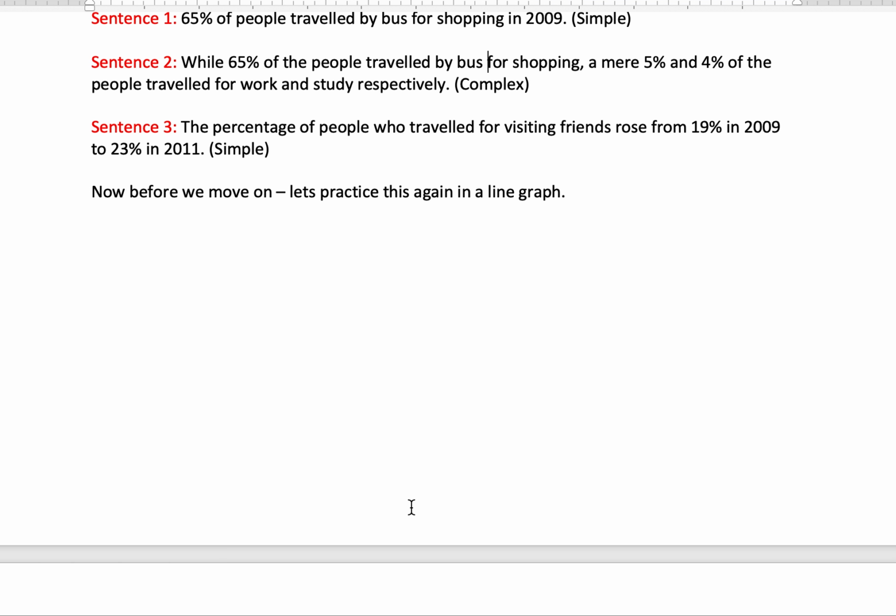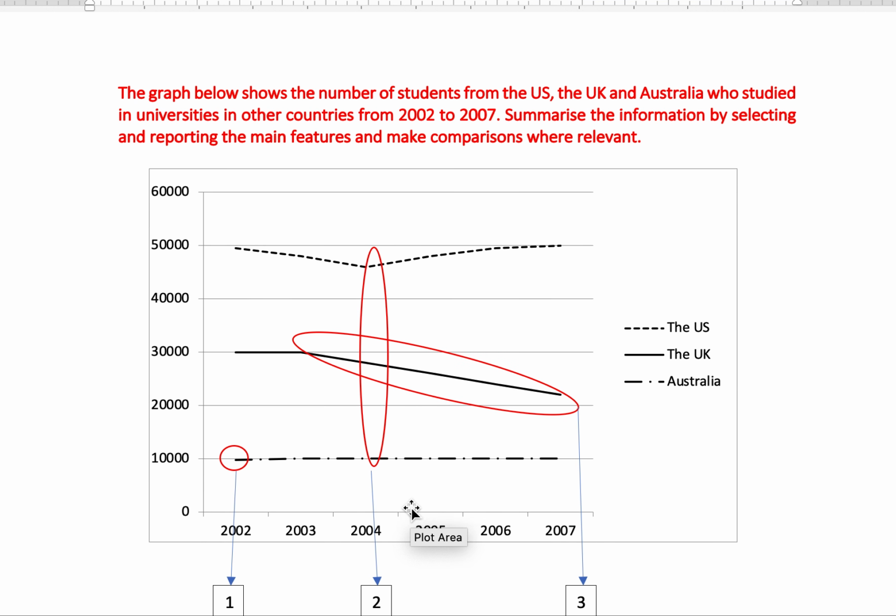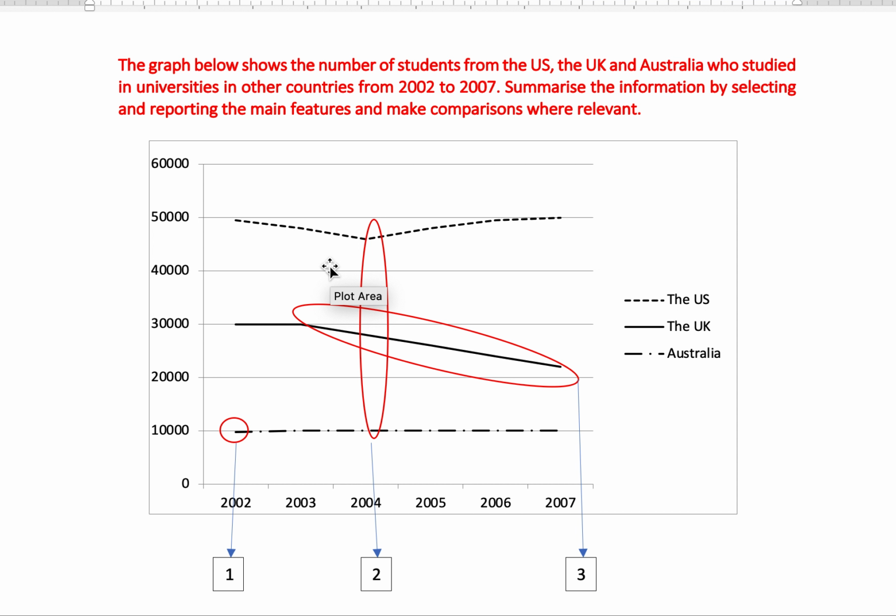We'll make sentences keeping a line graph in mind. So this is the line graph. The graph below shows the number of students from the US, the UK and Australia who studied in universities in other countries from 2002 to 2007. So this is 2002, this is 2007, and this line is for the US, this line is for the UK, this line is for Australia.